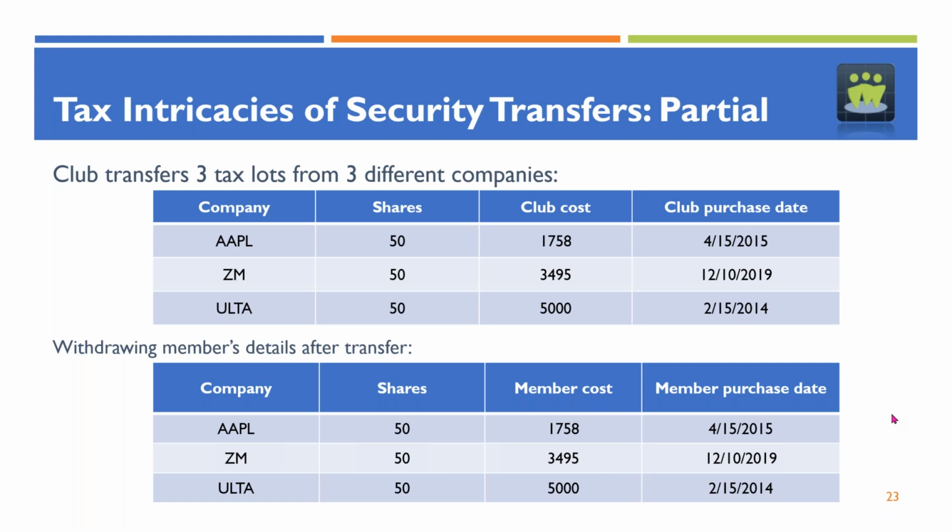Below that, you see what the member's cost basis and holding period start, the purchase date, would be for their personal holdings when they receive these. And you can see it's exactly the same as the club. That's what happens in a partial withdrawal. The club's cost and the club's purchase date transfer exactly over to the member.